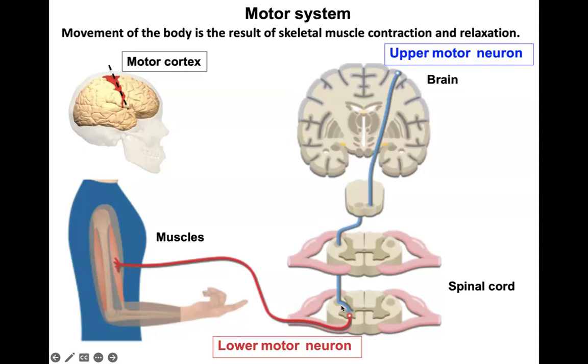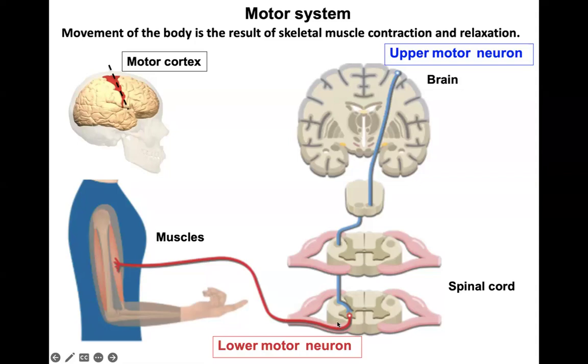Now, the second set of neurons synapse with the upper motor neurons in the spinal cord. So the second neurons are the neurons from the spinal cord that go out from the spinal cord. If you remember in the overall overview slides, there's one nerve right here that is coming out from the spinal cord, and this nerve is called motor nerves or motor neurons.